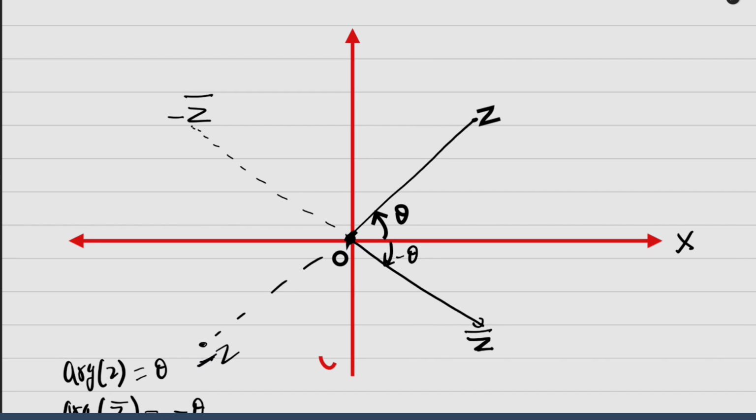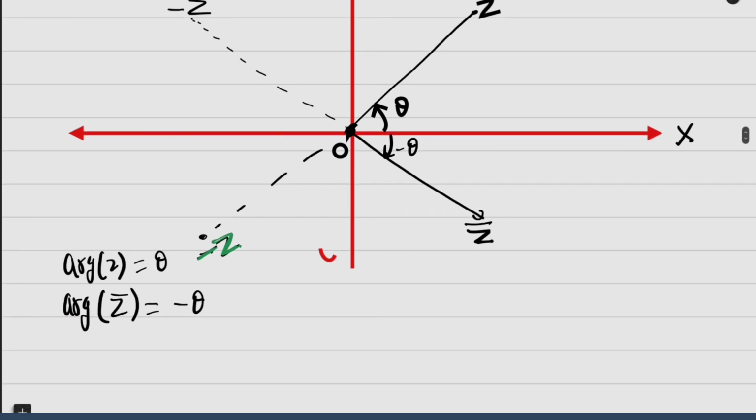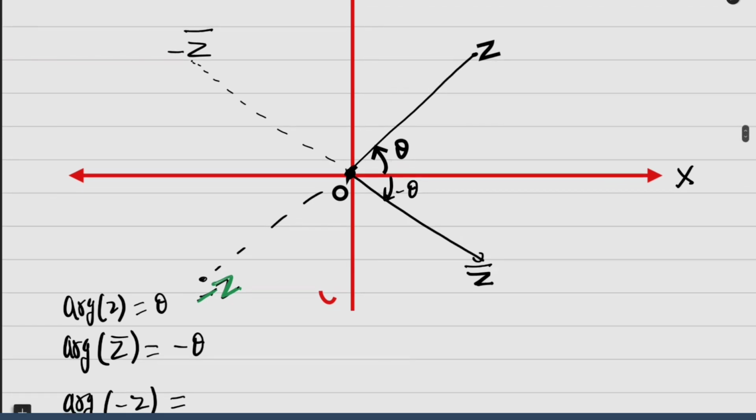Now you can find the argument of both complex numbers. It is very simple. First I find the argument of minus z. The argument of minus z is nothing but, if this one is theta, then this one is pi minus theta, because theta plus this angle is pi, the sum of both angles is pi.